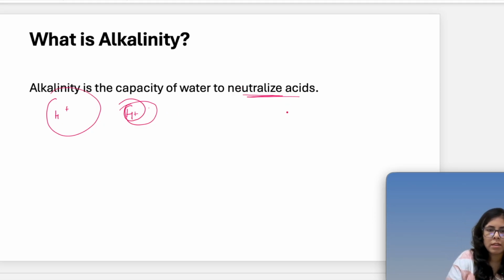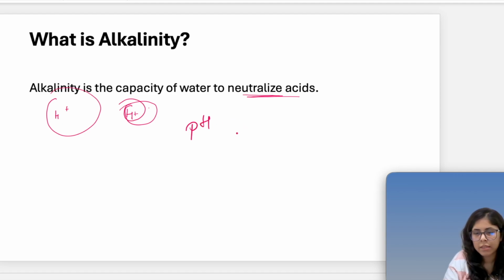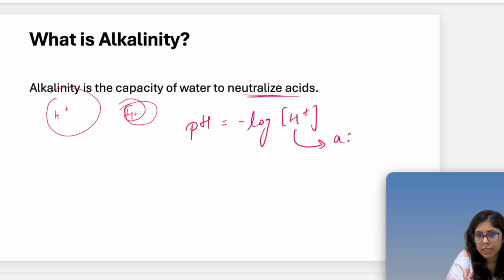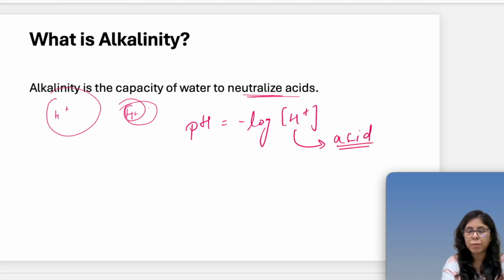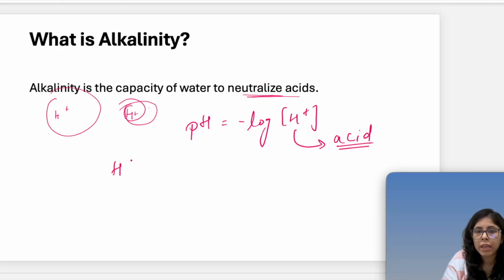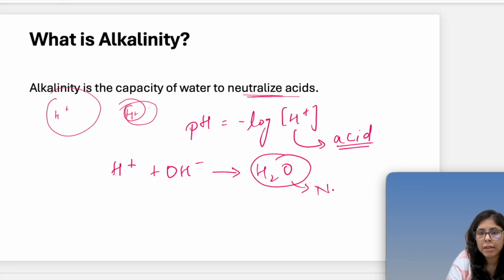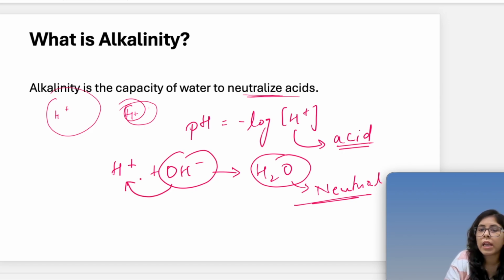In our previous lecture, we studied pH, right? And pH was nothing but minus log of H plus ion concentration. So H plus ions give acid, so it has acidic property. Now if I add something, for example, if I add OH minus to H plus, it will create H2O, which becomes neutral, right? So OH minus is neutralizing H plus.